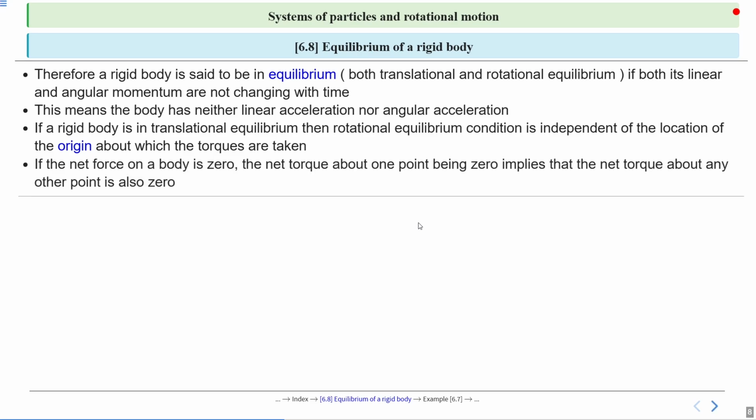So if the net force on the body is zero, meaning the vector sum of all forces F1 plus F2 plus Fn is equal to 0, the net torque about any point being 0 implies that the net torque about any other point is also 0.